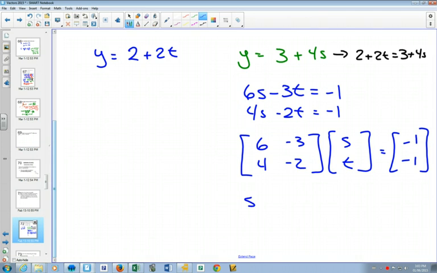And then you would have to figure out your inverse. So the discriminant of our first one is going to be 12 minus a negative 12, which is 0. Okay. Oops. See the problem we're having right now? 1 over 0.